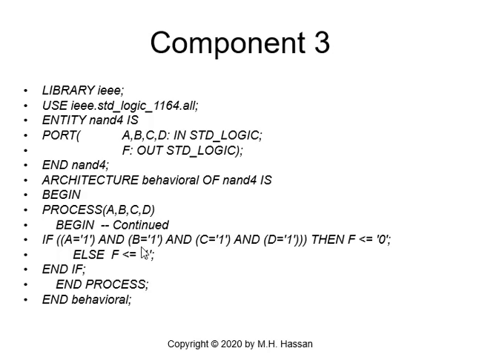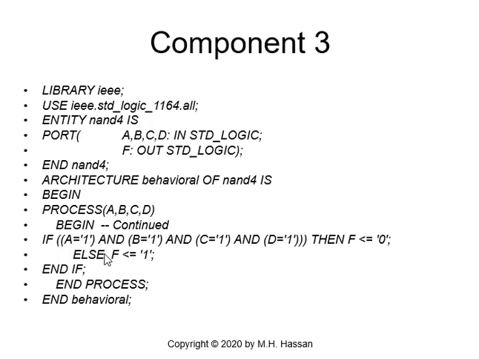If A is 1, B is 1, C is 1, and D is 1, then F will be assigned 0, else 1 will be assigned to F. I will end if, I have to end the process that I started, and end behavioral, which is the architecture. And by doing this, I implemented the 4-input NAND gate.